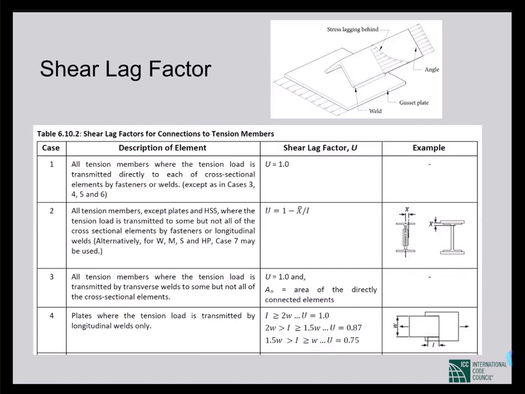But for example, in the case shown above at the top, there is a picture of an angle welded on a plate, and the angle at the location of welding is at the bottom. In that case, if the angle is subjected at one end to tensile forces, the distribution of stress in the angle will not be uniform, because the angle is connected with the plate at the bottom.